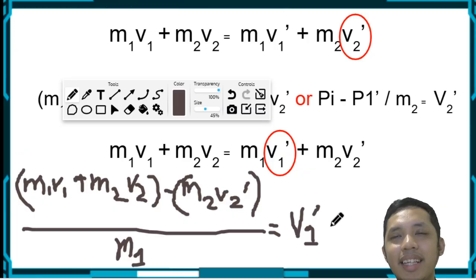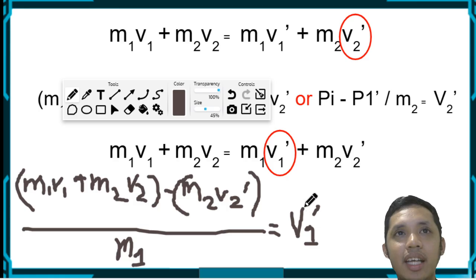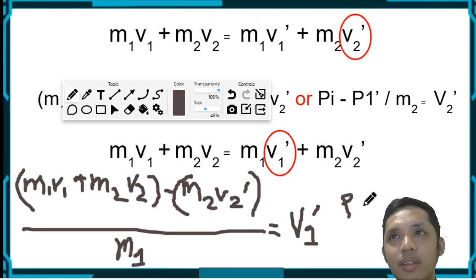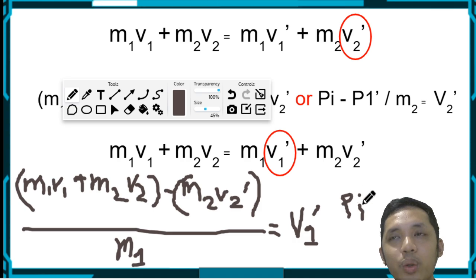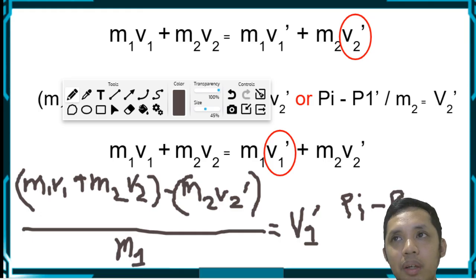Okay? And then again, to simplify this equation, m1 v1 plus m2 v2 can be represented by this variable p sub i. Still, that is the total momentum before the collision. Then minus the momentum of the second car after the collision, p2 change.